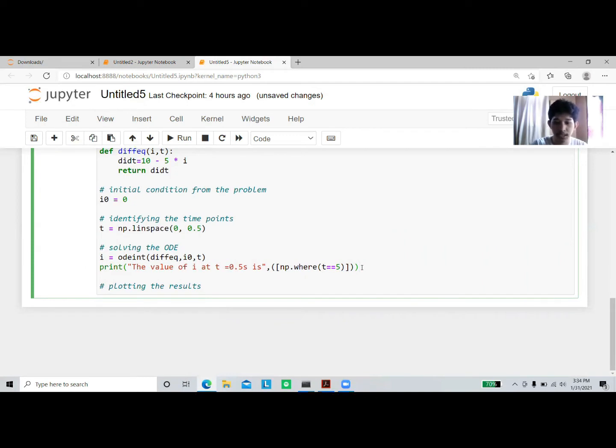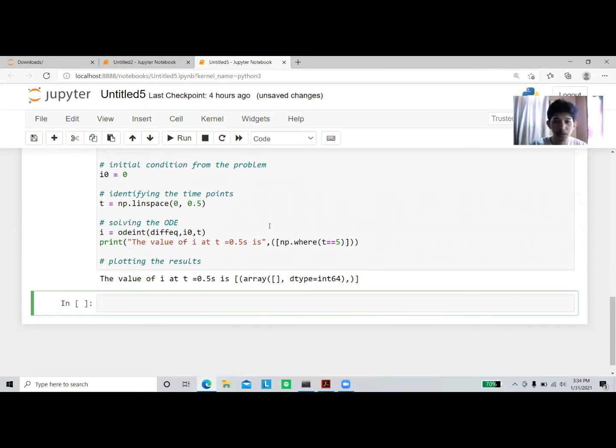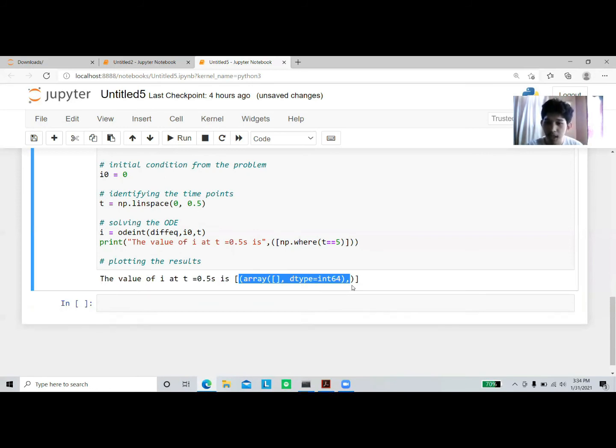So let's check it now. We had an error here, where we weren't able to obtain the value of I at t equal to 0.5. The value that was given here is not what we are expecting. So let's look for the error here.